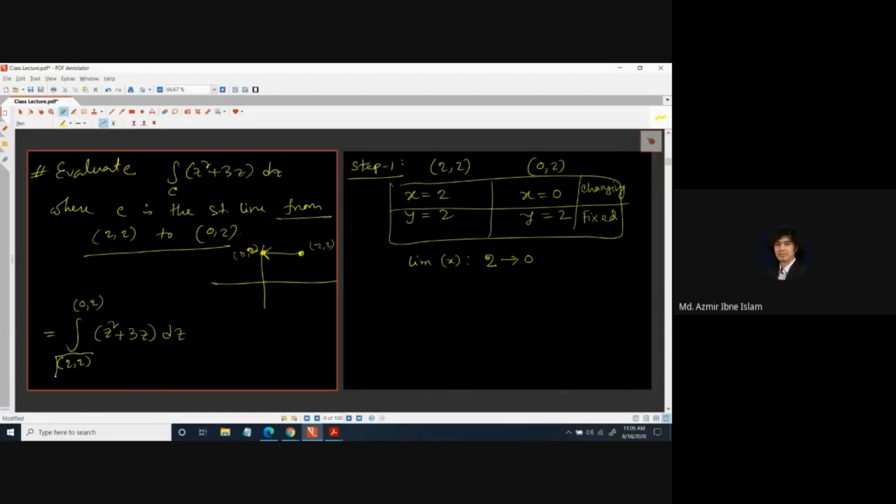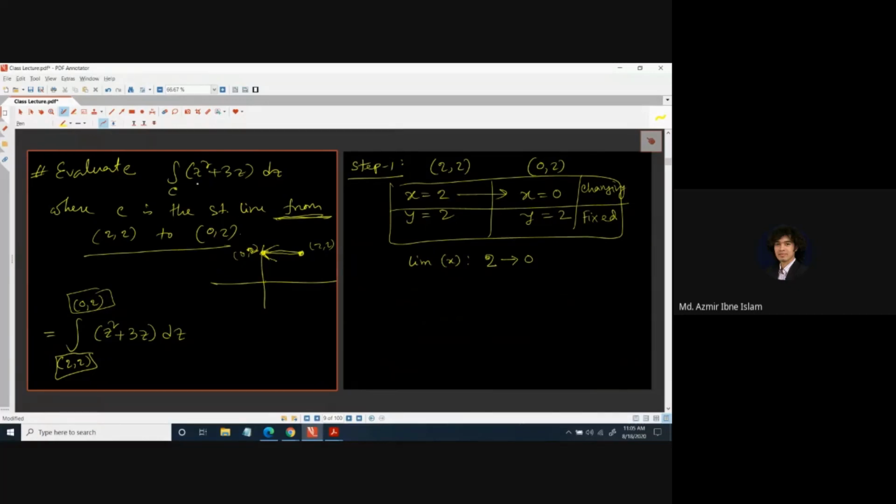Because we have 2 and 0 to 2, 2 is the lower limit. So obviously 2 to 0. Apparently it looks like 0 is the lower limit and 2 is the upper limit. No. You have to think about the path. That is, you are coming from 2 to the 0 2 point.